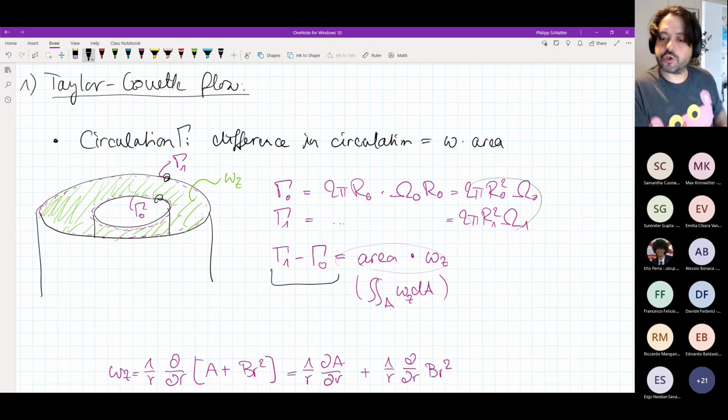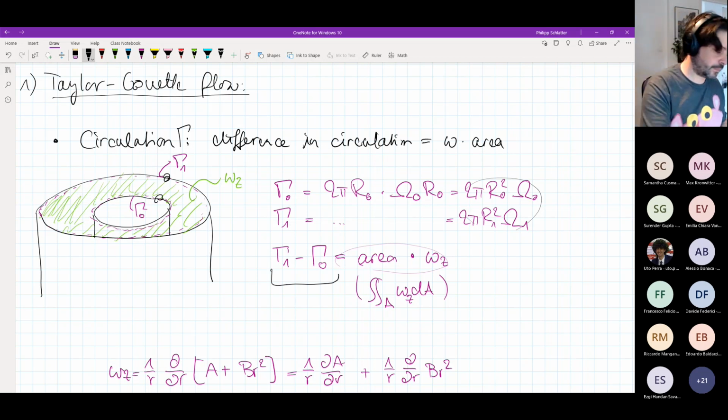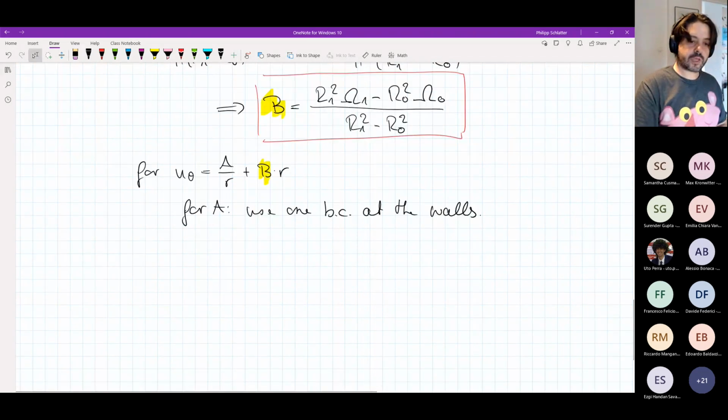So essentially what I wanted to show you here is that this idea of having the vorticity constant in one of those concentric streamline cases can be used to calculate the difference between the circulation, which in turn can be used to provide one condition to the velocity field.